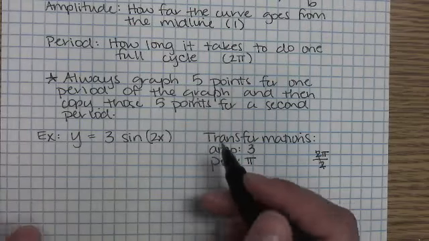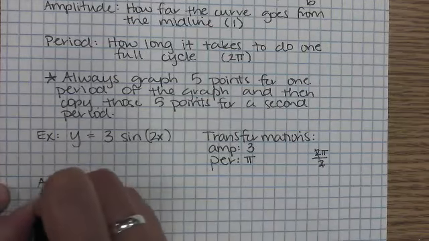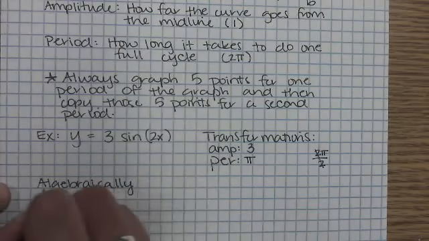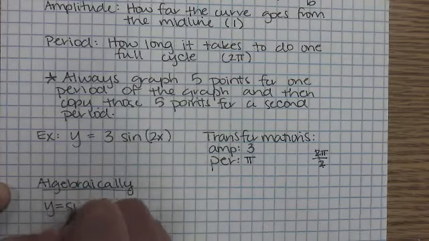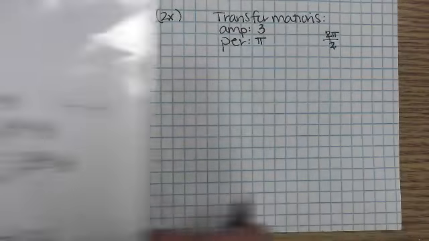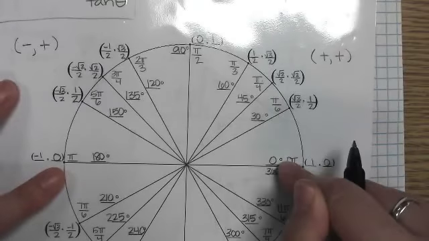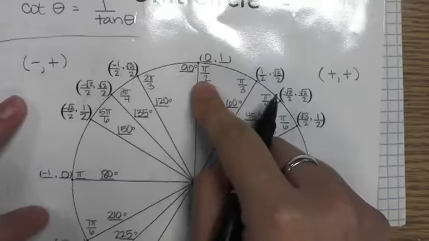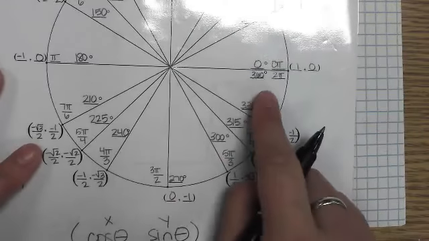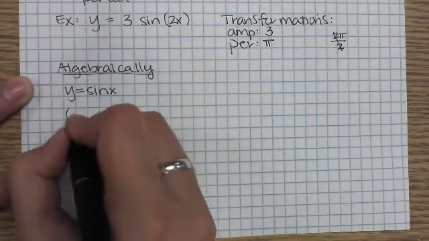Okay, so next, since we're doing this algebraically first, I need to know what my 5 points are for the typical sine graph. If you look at your unit circle, when we do the typical sine graph, we're going to look at 0 radians, pi halves radians, pi radians, 3 pi halves, and then we're going to go back to 2 pi. Those are all my x values because I'm doing sine of that angle.